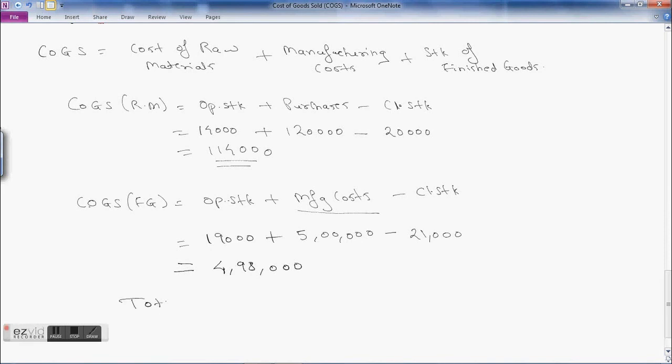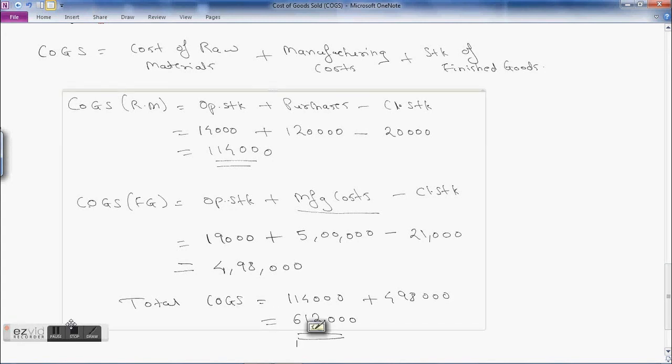Okay, so what is total cost of goods sold? Total cost of goods sold is 1,14,000 plus 4,98,000. That gives you 6,12,000. Okay, so that's it about cost of goods sold.